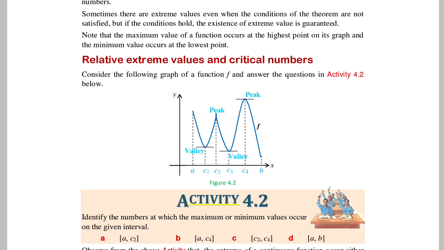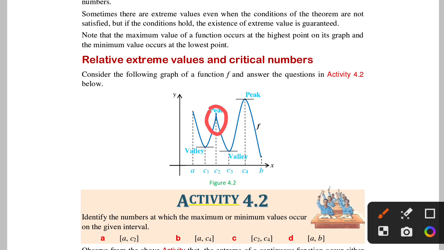But here, is there any horizontal line? There is no horizontal line at the peak C2. Due to this, the derivative at this point doesn't exist.